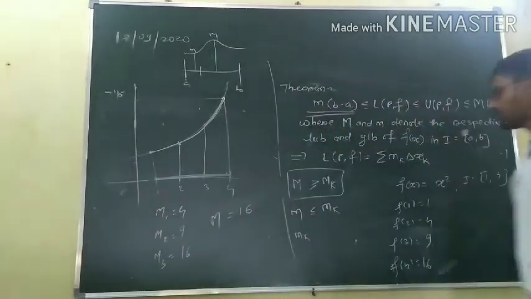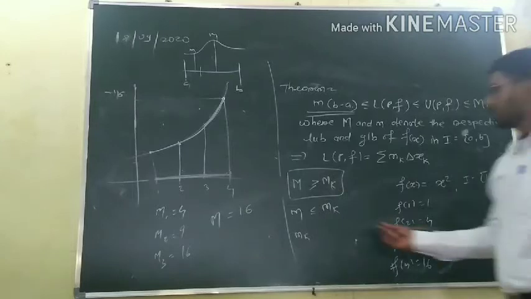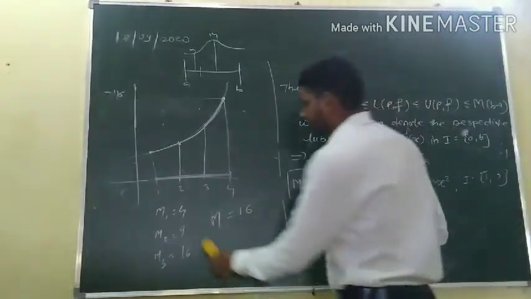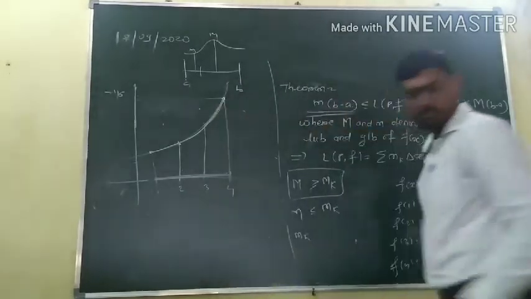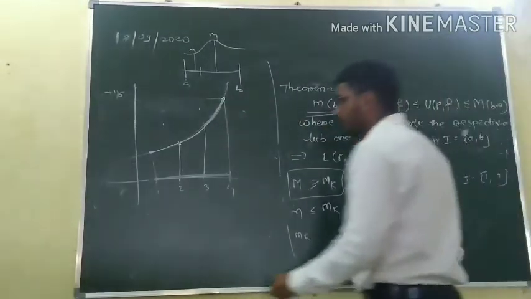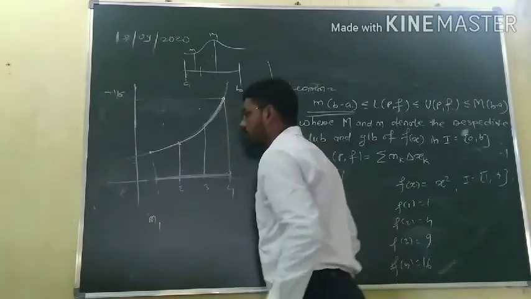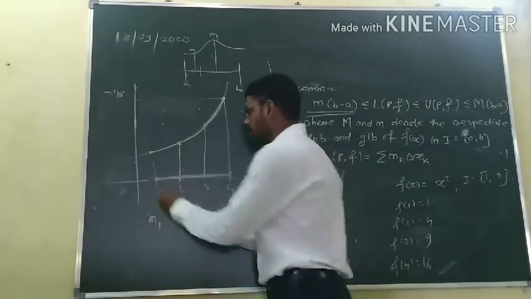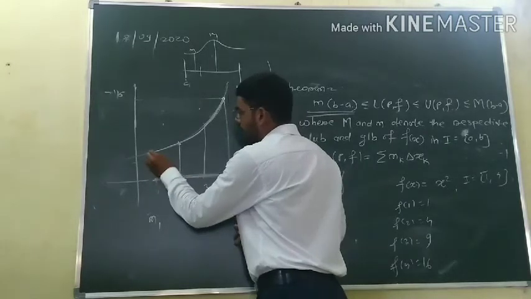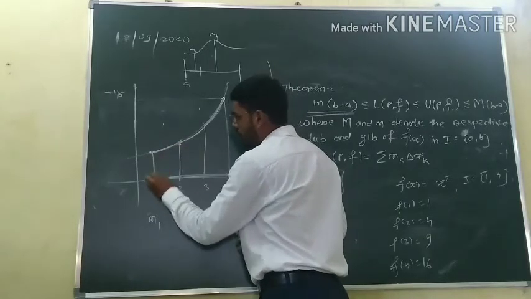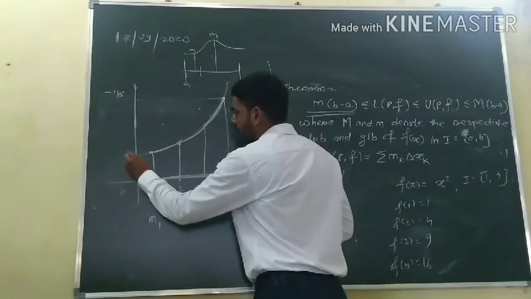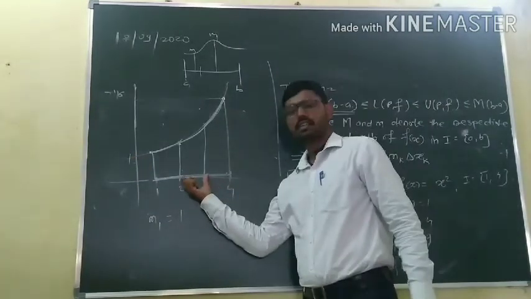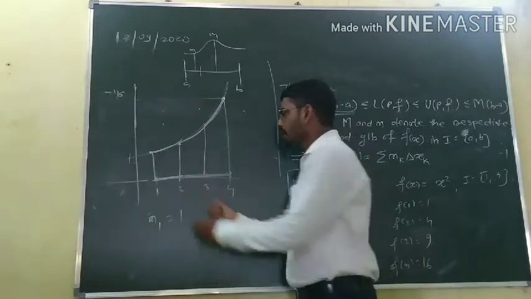Similarly, we will now write the lower bounds, or minimum values. What is small m1? It is the minimum value of the function in the first subinterval, at this point, which is the square of 1, so m1 is 1. In the second subinterval, the minimum value of the function is at this point.